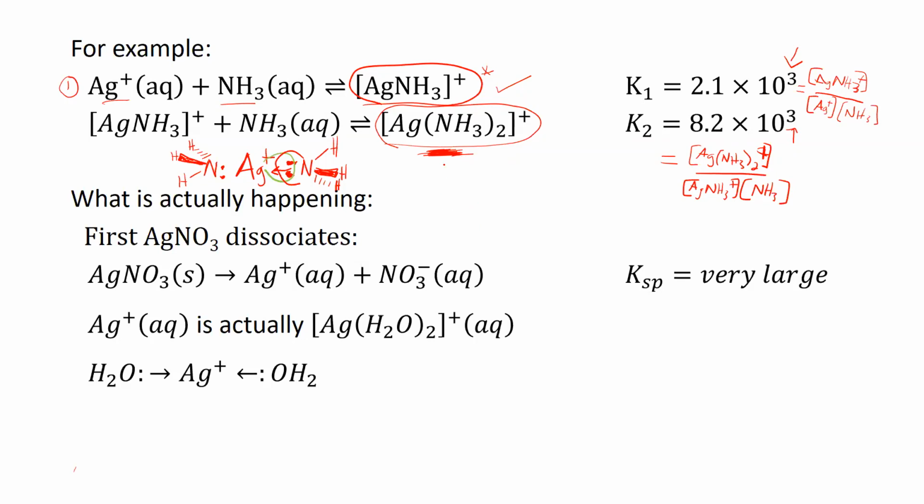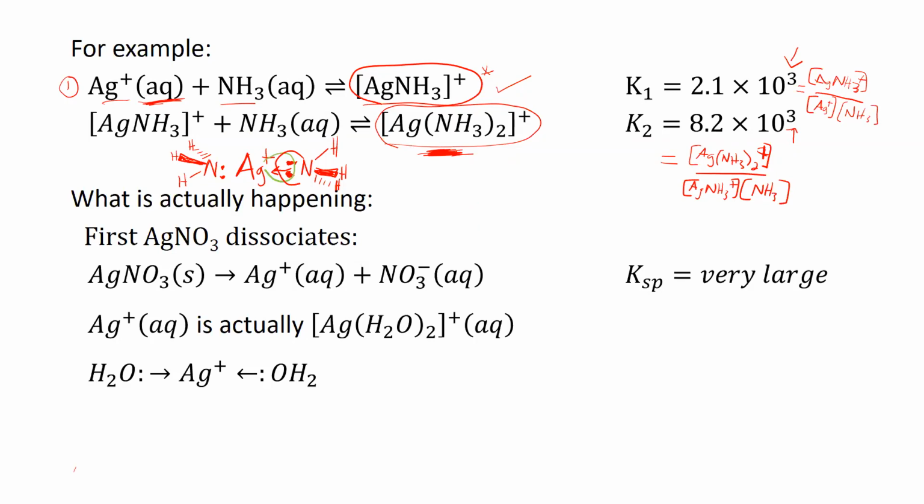Now, in order to figure out what's happening in this chemical reaction, something I want us to take into account is the idea that this is a silver ion that is aqueous, okay? Ammonia is a Lewis base, right? It's got a lone pair of electrons to donate.